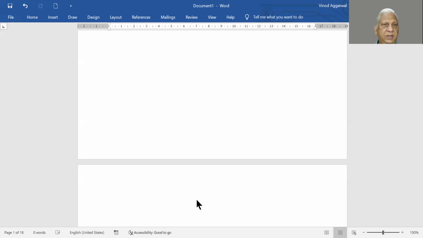Similarly, we take the case of an inductor, pure inductor. This is a symbol of AC voltage.